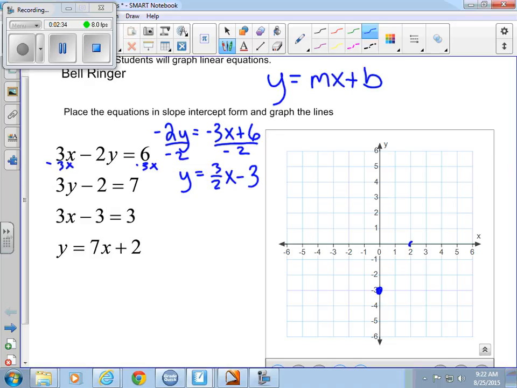Right 1, 2. If either one of those were negative, we would either have to go down or left. We'll look at that one of these times. So this is the line. And we could plot more points if you wanted to be more accurate. We could go up 1, 2, 3, over 2 again. Any questions about that?